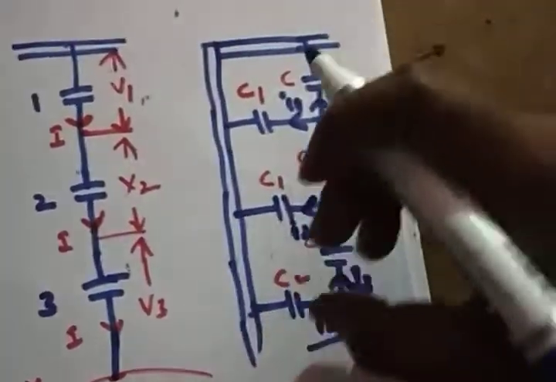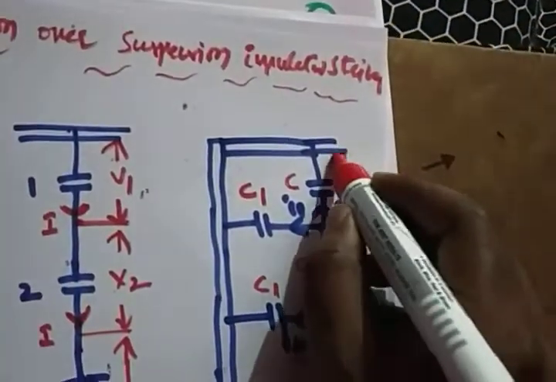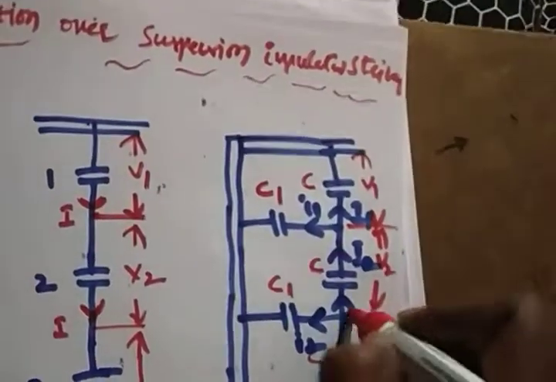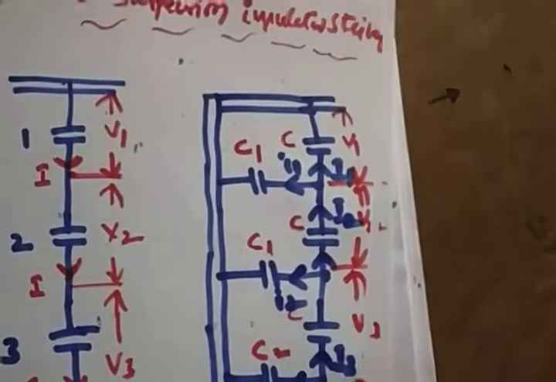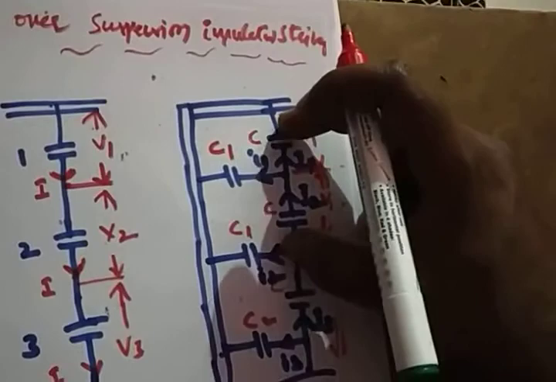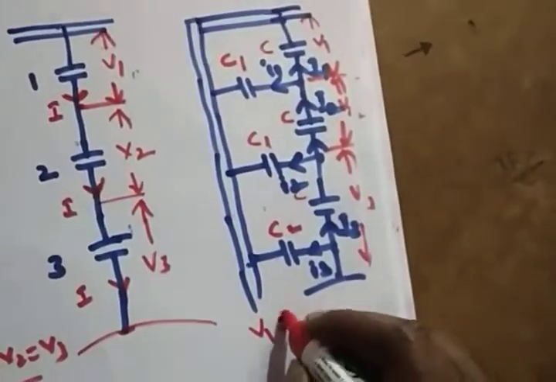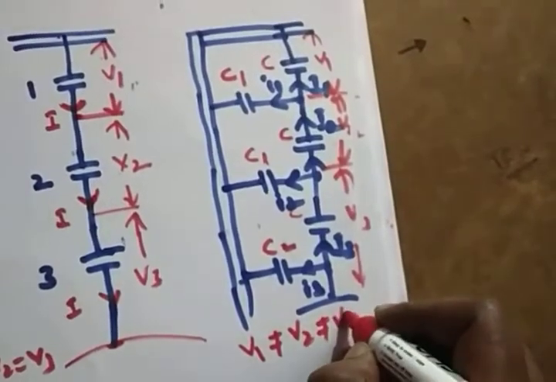So the current is changing. If the current is changing, the voltage across the capacitors also changes. So V1, V2, V3, right? All these capacitance voltages are different. That means V1 is not equal to V2, which is not equal to V3.